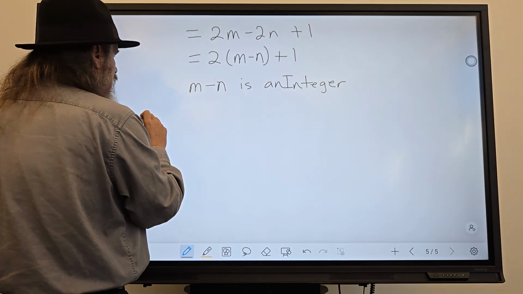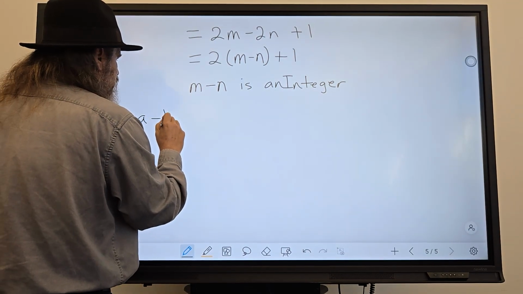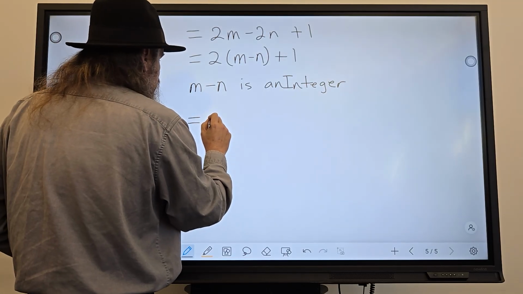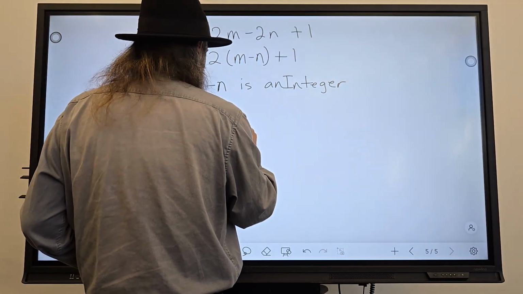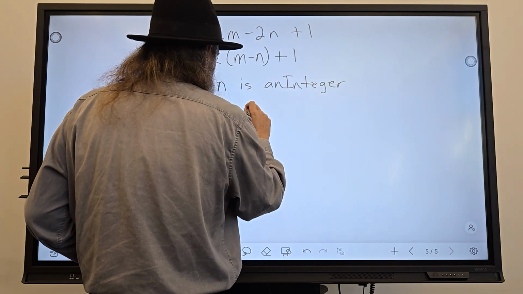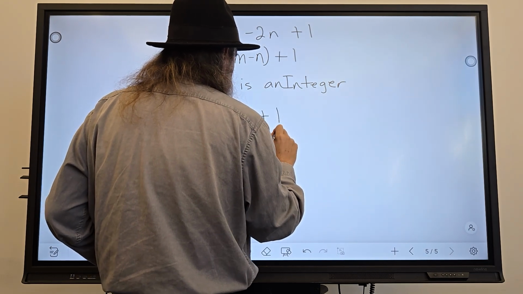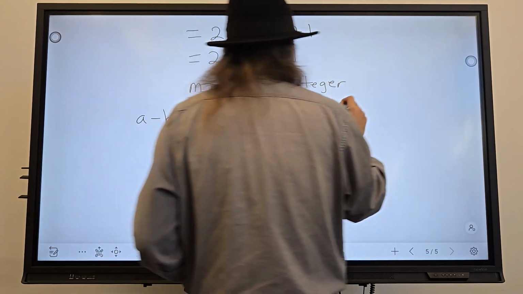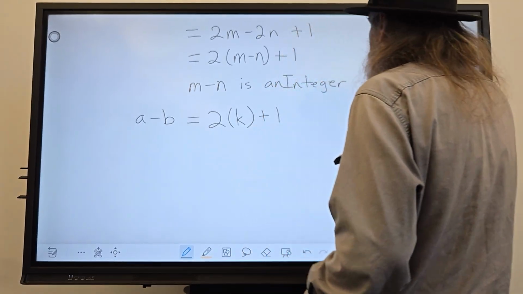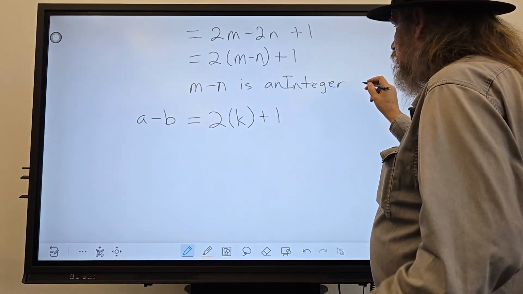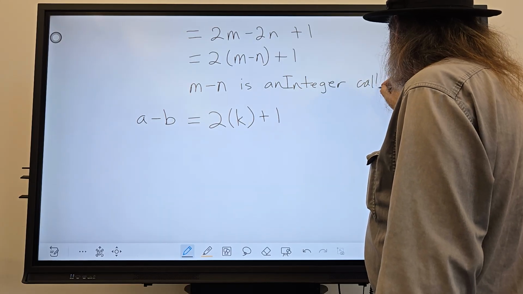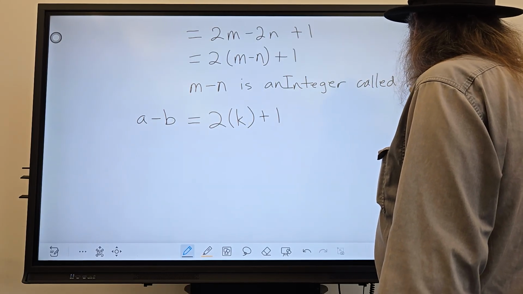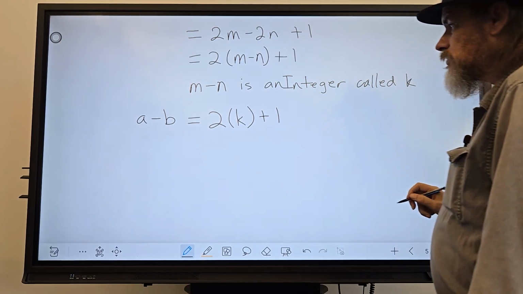So a minus b equals 2k plus 1, where m minus n is an integer that we'll call k.